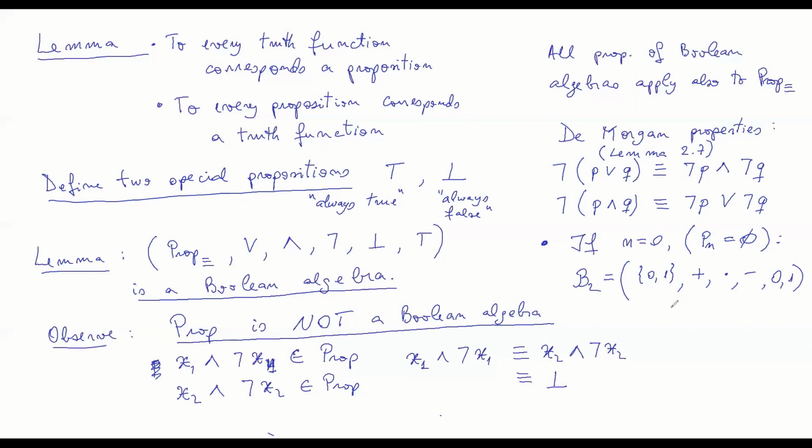And just to write the definition of disjunction and conjunction in terms of plus and dot, so just to remind what these operations are. So when I'm applying plus, or as it was before, disjunction on 0 and 1, then this is going to be defined as 0, 1, and 1, and 1.